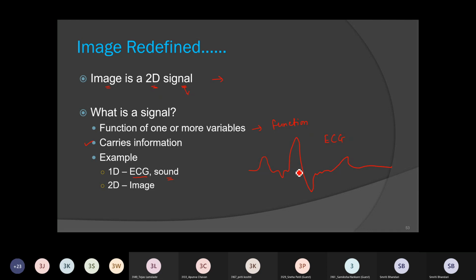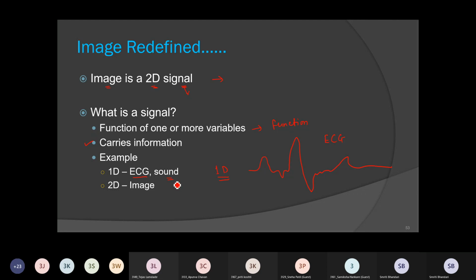Using this plot, the physician understands the activity of the heart, right? So this is ECG. Now if you look at this kind of plot, it is a one-dimensional signal, right?